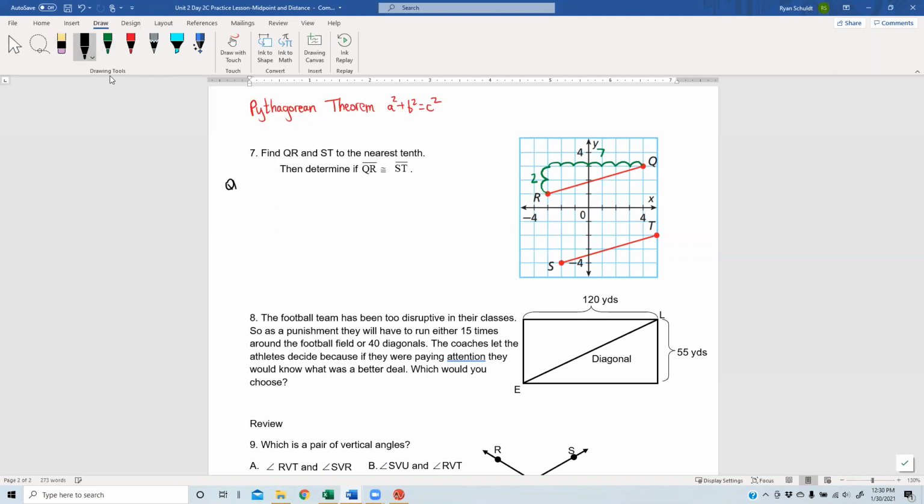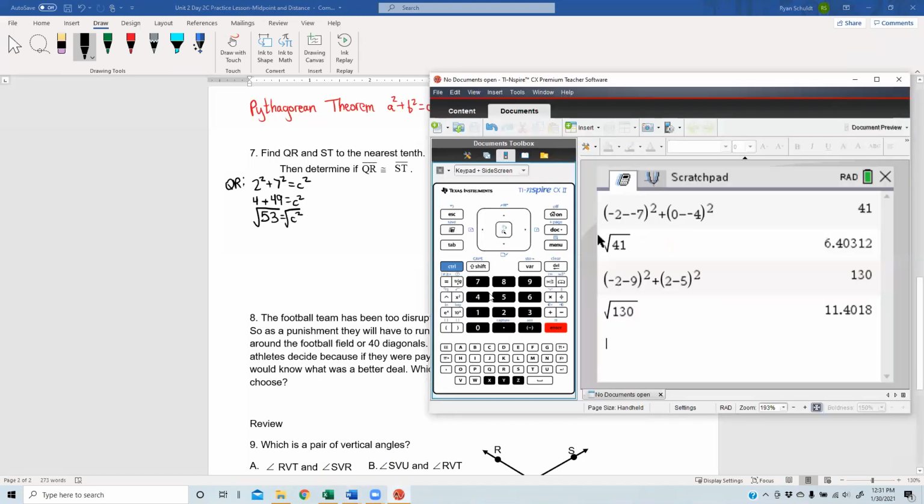So for QR, I would say 2 squared plus 7 squared equals c squared. 2 squared is 4. 7 squared is 49. 4 plus 49 is 53. And then to get c by itself, I'll take the square root. So I'm going to need to take the square root of 53.